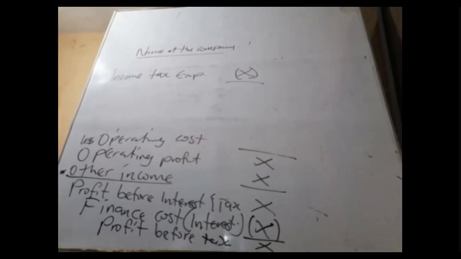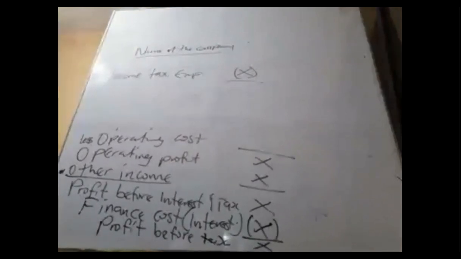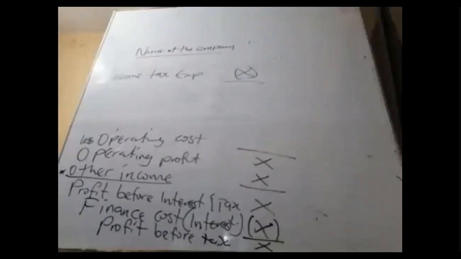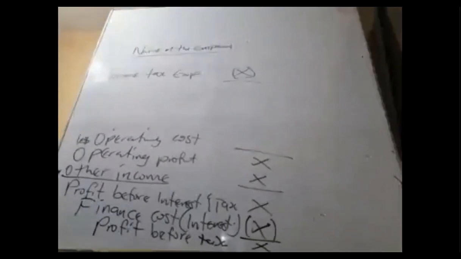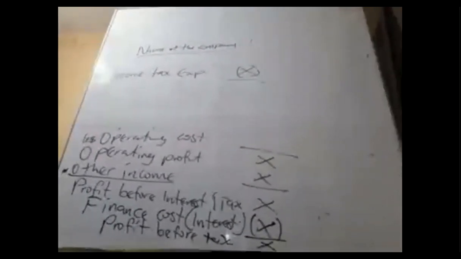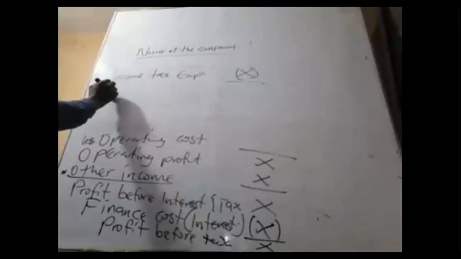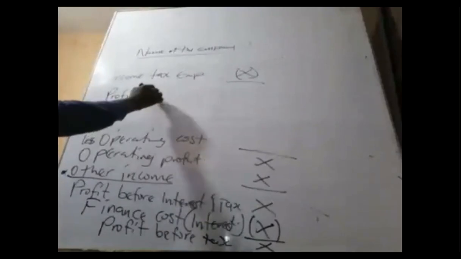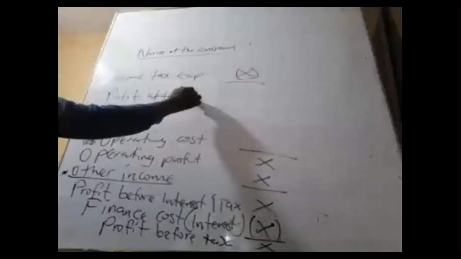If now you've passed Odokov, you've passed Malam Junction, so where are you now? That means you are after Malam Junction, so that's profit after tax. We call it profit after tax.